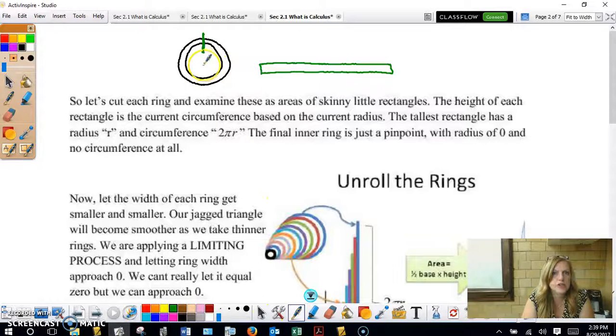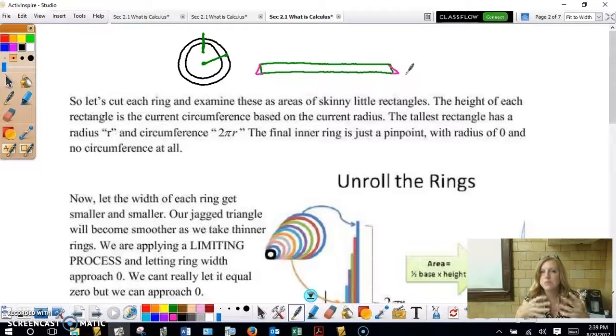The circumference of the inner ring is going to be a little bit smaller than the circumference of the outer ring, because there are two different radii that you're looking at. So technically, the top is a little bit shorter than the bottom portion. So it doesn't really make a rectangle. It's a kind of trapezoid shape.